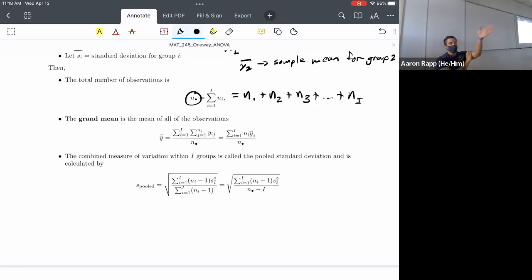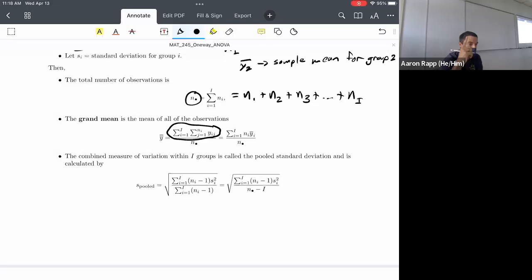Now, it makes sense that within each group, you're going to have a mean, but because I can treat the data overall as different observations, I also want to be able to find the mean of all observations, regardless of what group you're in. There's a couple of different ways you can do it. This first one, this double summation, all it's saying is that the first one indexes J, which means it's going through all of your observations.